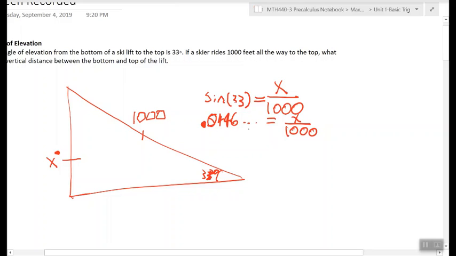And then we just multiply both sides by 1,000, so we cancel that out.